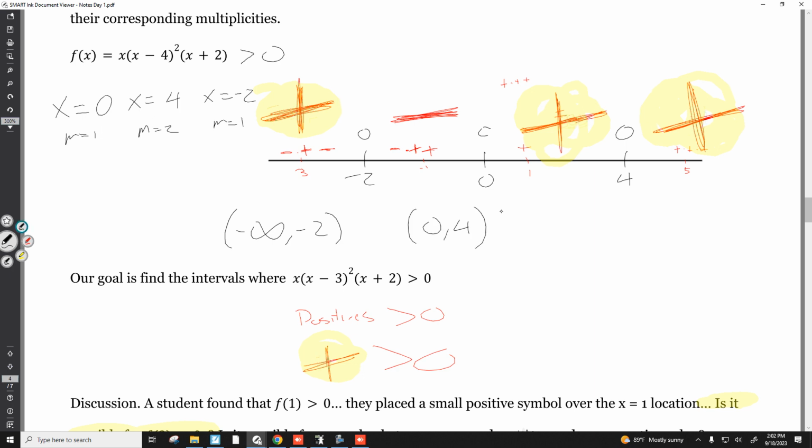We are not including the zeros, which is why I did not highlight them, just the pluses. That's when we are bigger than 0. Cool. Moving on.